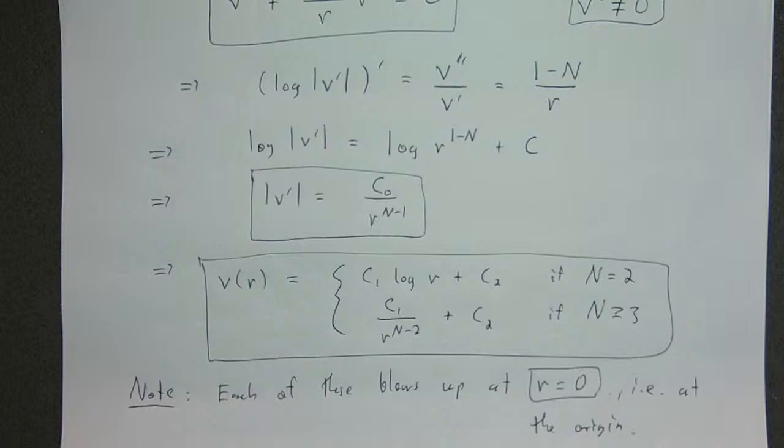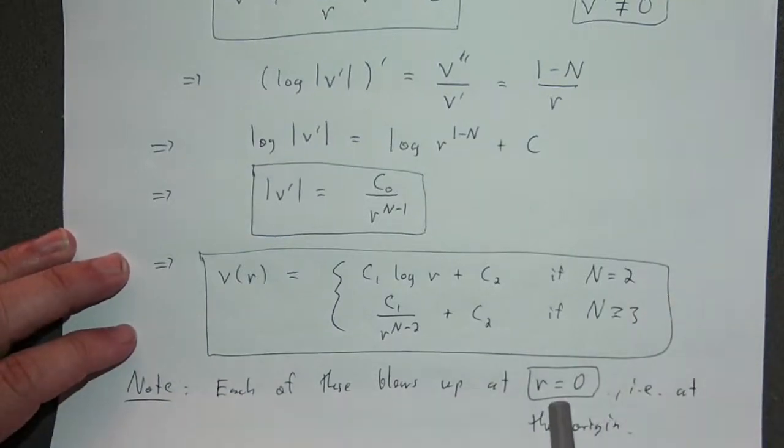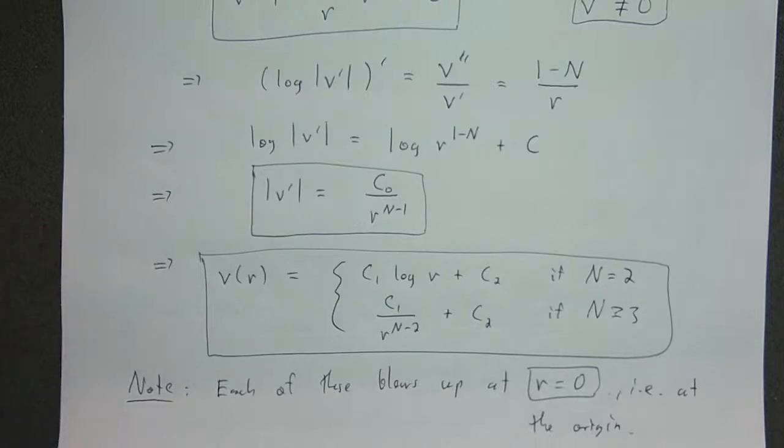All right, so what does all of this mean? It means that if we're building our fundamental solution out of this, then these fundamental solutions are also going to blow up at the origin. Okay, and it turns out that's exactly what happens.